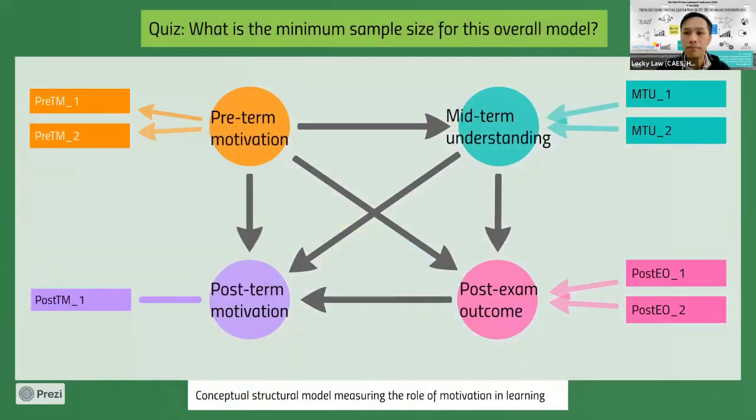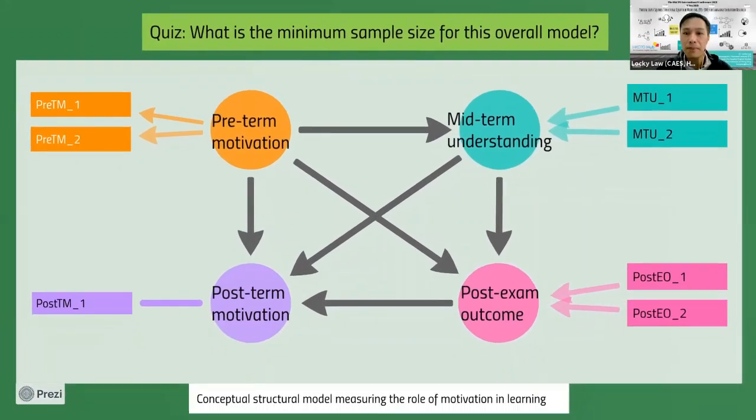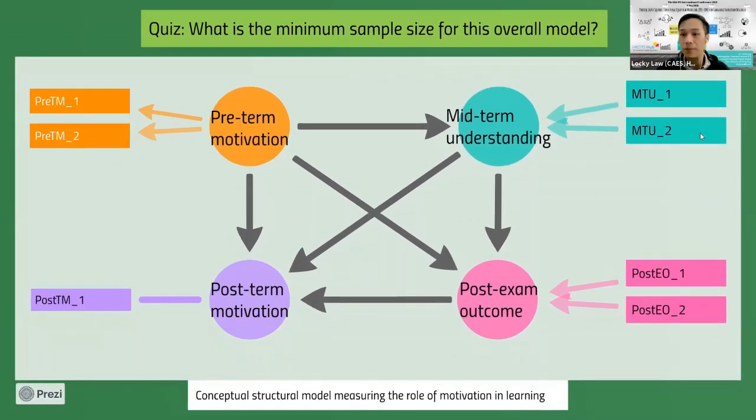So let you guys try this one. What is the minimum sample size for this model now? You can take a look, and what do you think? And therefore, what is the minimum sample size?